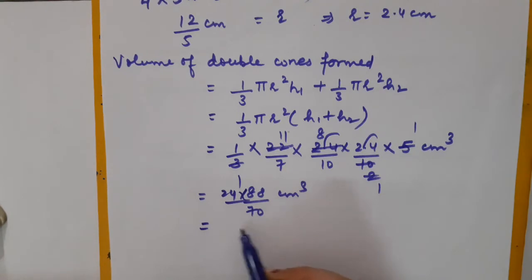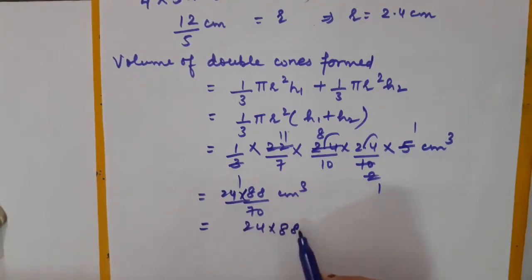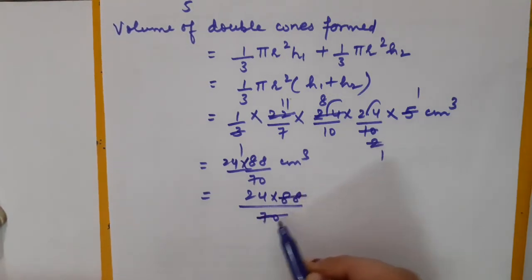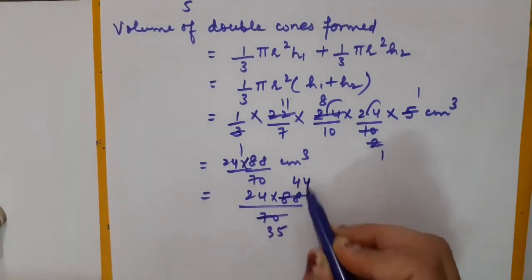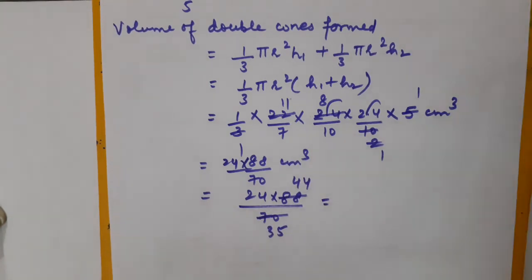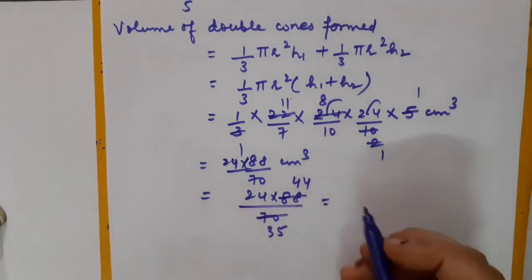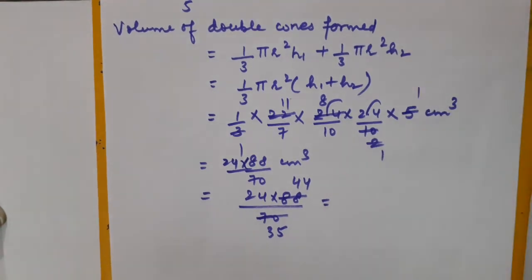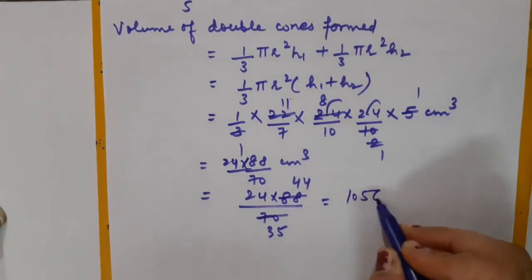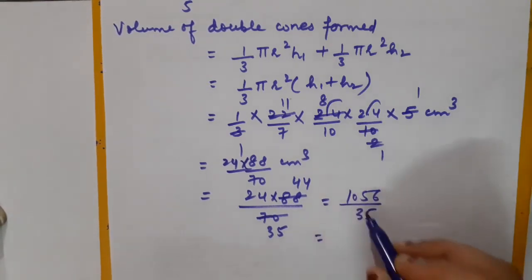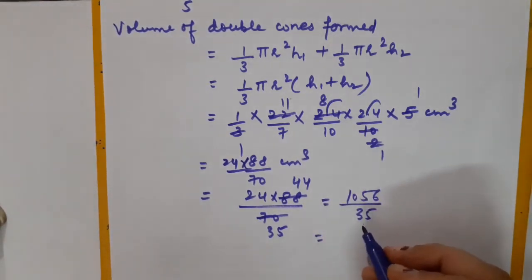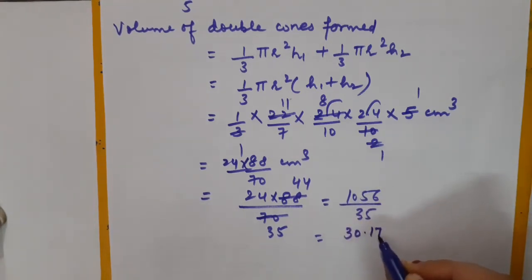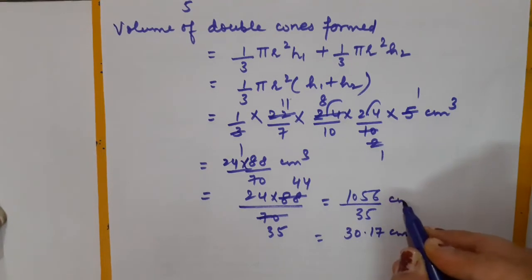We can further cancel it. 24 into 88 upon 70. Again cancel by the table of 2. It would become 35 and this is 44. Correct? So while multiplying 24 by 44, I have got 1056 over 35. While dividing them, you will be getting 30.17 cubic centimeters.